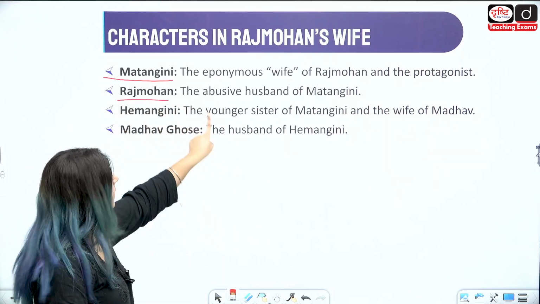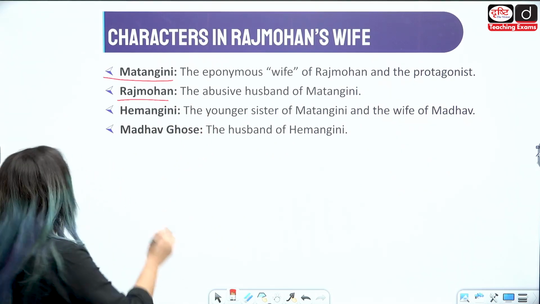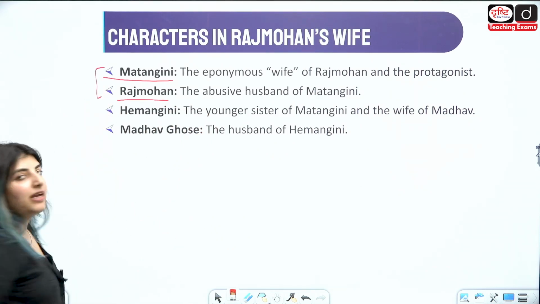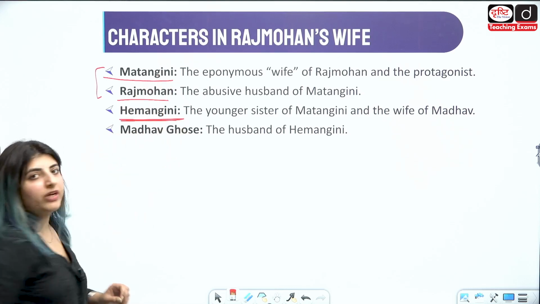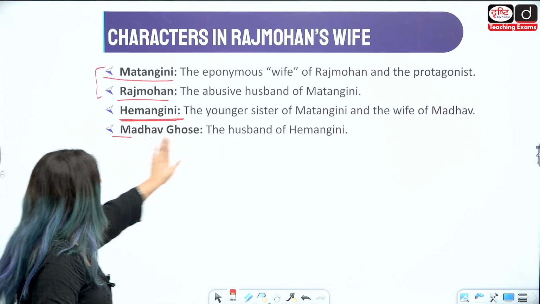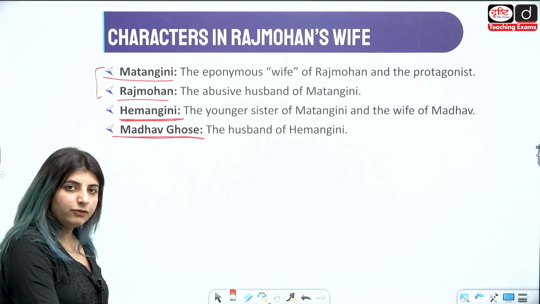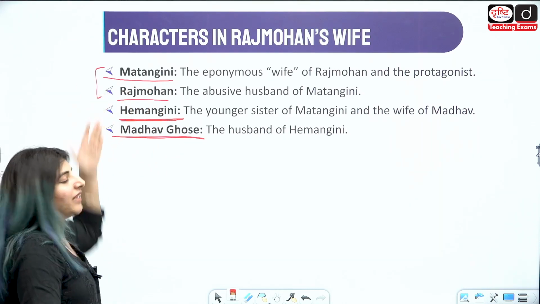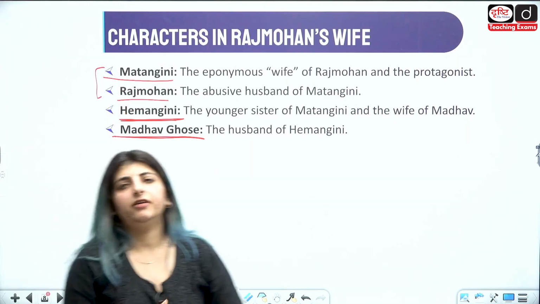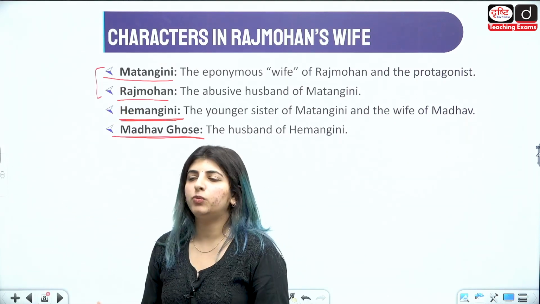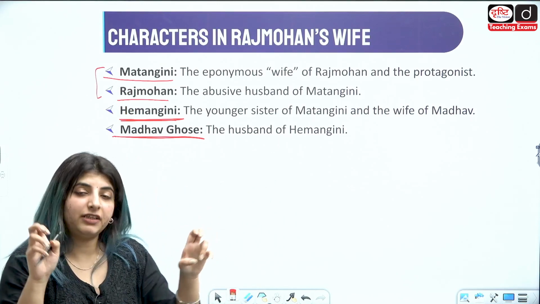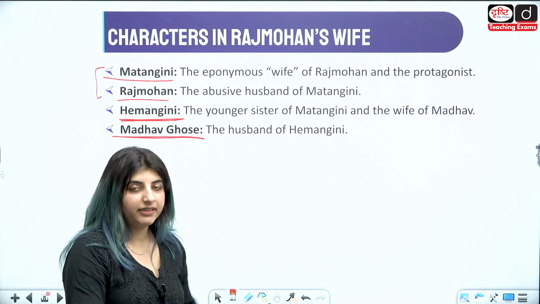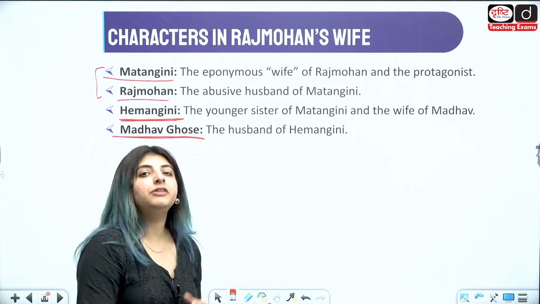Coming to Raj Mohan, he is the abusive husband of Matangini. So both of them are married. Then we see Himangini, who is the sister of Matangini, छोटी बहन है Matangini की, and Himangini के husband कौन है? Madhav Ghose. Now, Matangini and Raj Mohan live together. He's an abusive husband. He does not work. And for the sake of her husband, because Pativrata Sri जैसे Indian context में देखते हैं, she wants her husband to work.